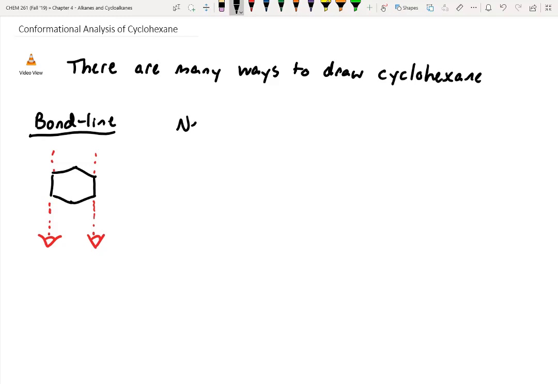We could draw this as a Newman projection. All right, so in the Newman projection, we know all of the carbons are going to be tetrahedral. So let's draw this out. And I know this might not make much sense right now, but bear with me.